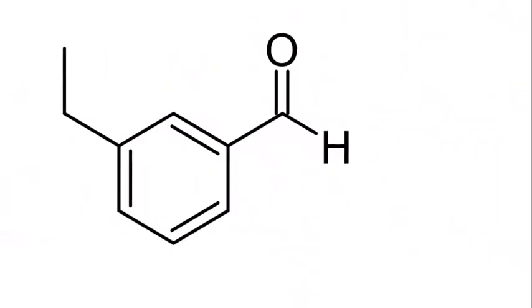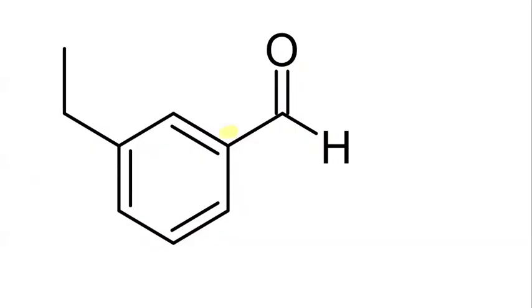When it comes to aromatic aldehydes, the numbering of the carbon chain is a little bit different. Similar to what we observed with the phenol group, the benzene ring connected to the CHO group is going to be our parent chain.